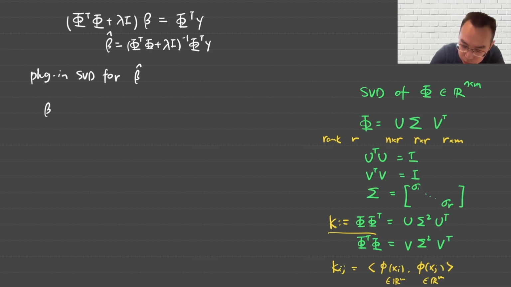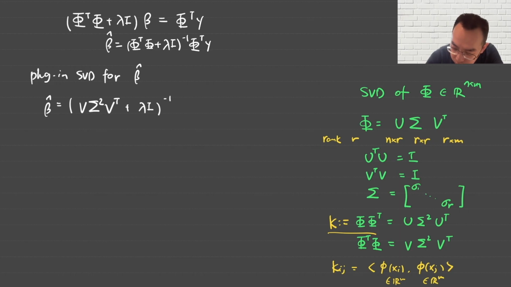Our beta hat becomes V sigma square V transpose plus lambda I, inverse, then V sigma transpose U transpose Y. For the lambda I here, we can decompose that as V times lambda I V transpose.